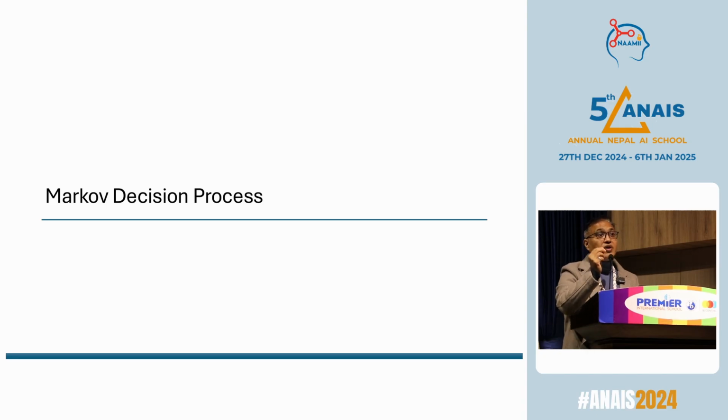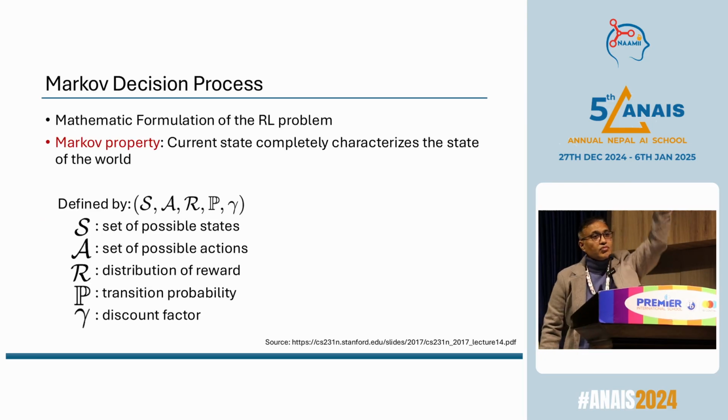When you talk about reinforcement learning, there are so many concepts we need to understand. For example, dynamic programming. I will not talk about dynamic programming, but it is better to understand what it is to understand reinforcement learning. Similarly, the Markov decision process, MDP in short, is also a very important concept here.